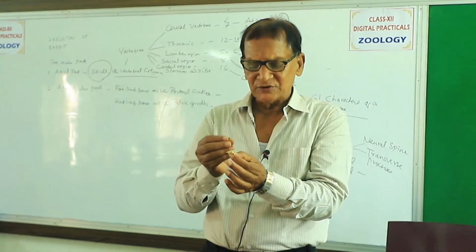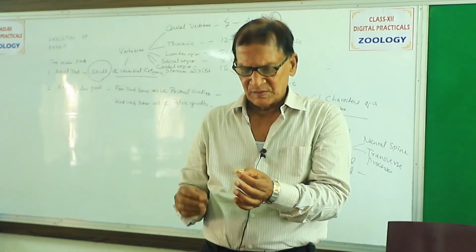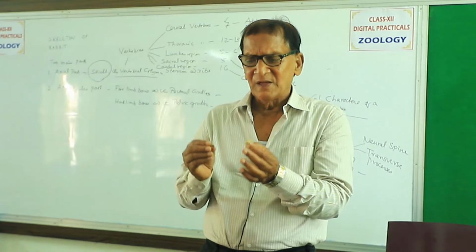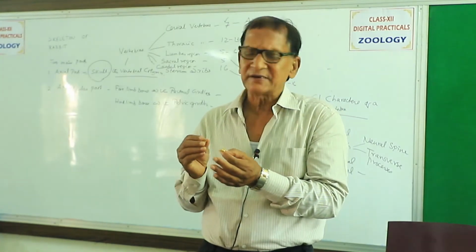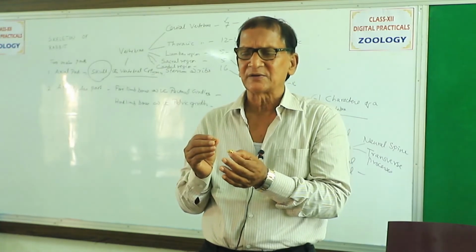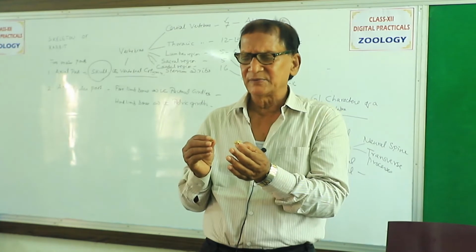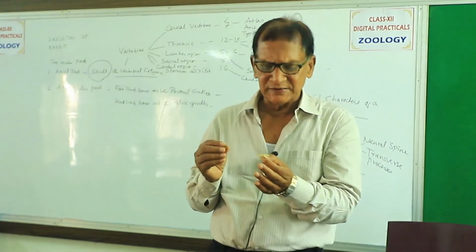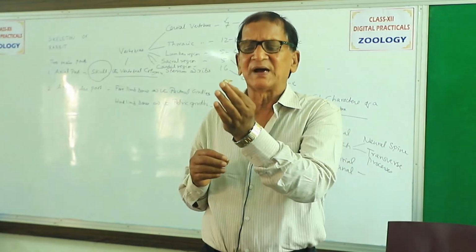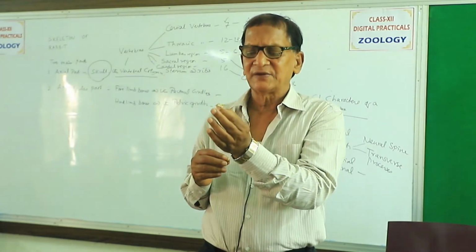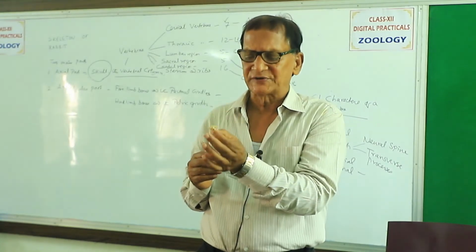Now, why is the centrum reduced? That is because the atlas vertebra must have mobility in the neck region, carrying the head. The atlas vertebra can move either side, left or right, and because of this mobility required in the neck region, the atlas vertebra has almost no or a very reduced centrum.